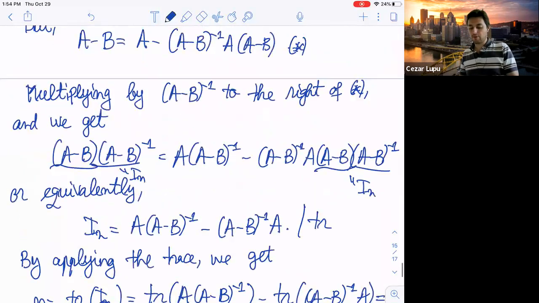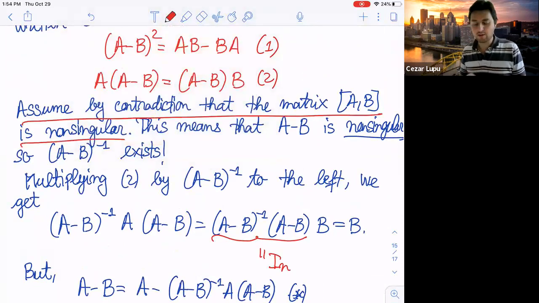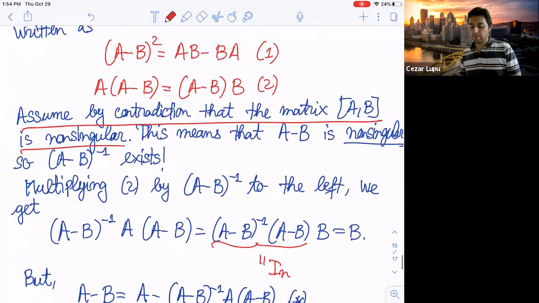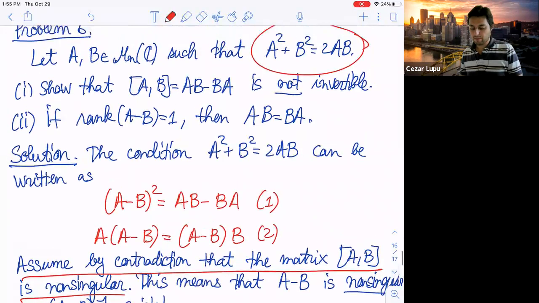So where did the contradiction come from? From my assumption that this is non-singular. Therefore, the bracket is singular.